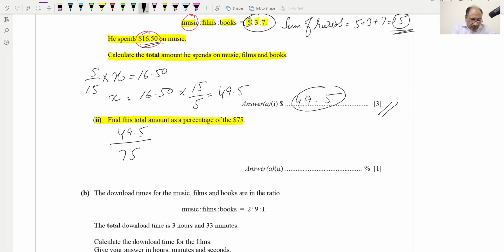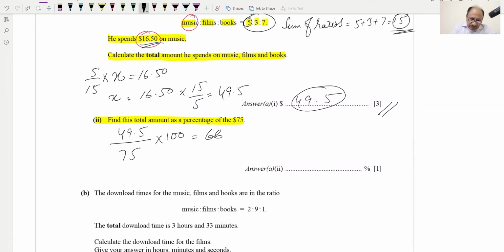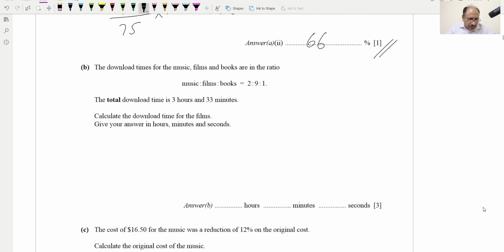So 49.5 divided by 75, multiplied by 100 for percentage, and this will be equal to 66%. So we can write 66%. This is a 1 mark question which we are done.